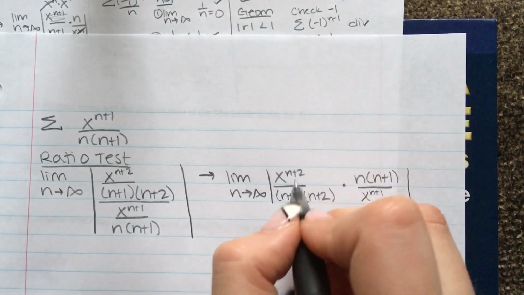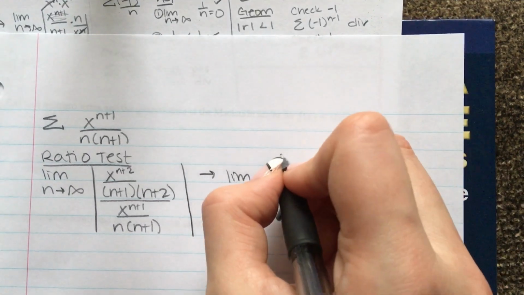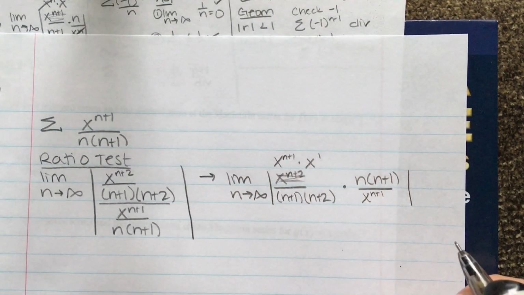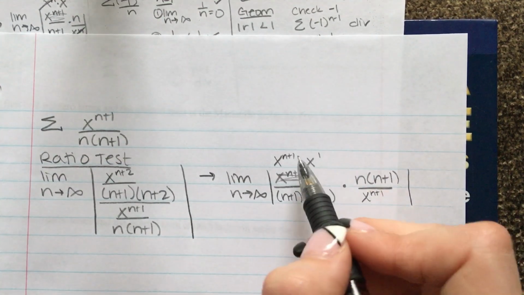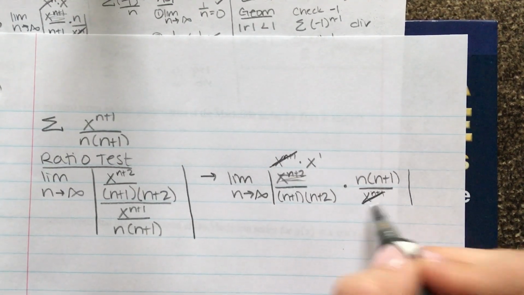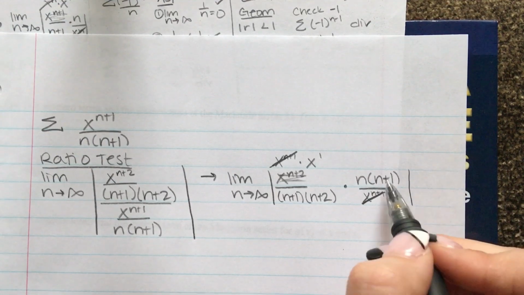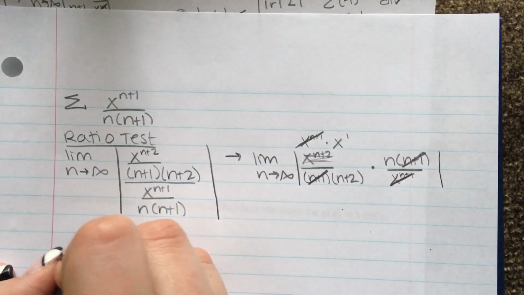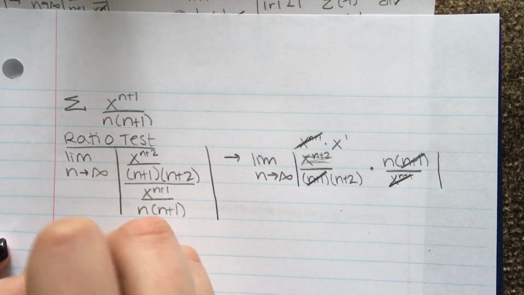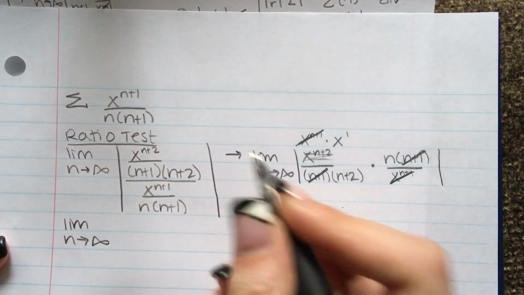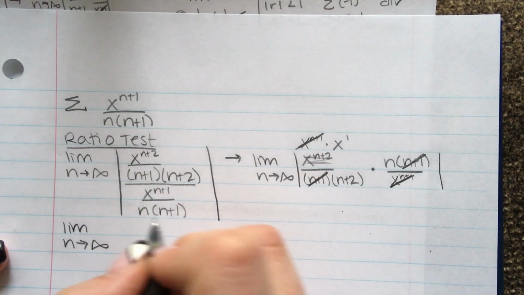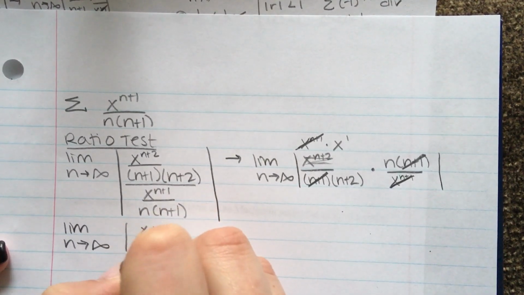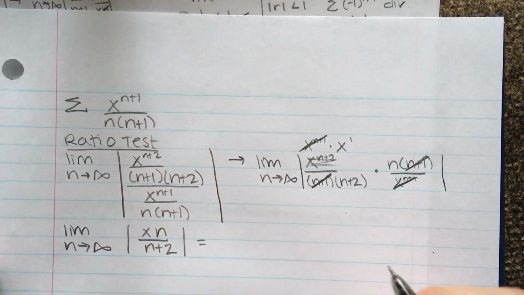So here I can go ahead and split these apart. So that's x^(n+1) times x^1. And I'll notice that x^(n+1) will cancel, and this n plus 1 will cancel with that n plus 1. And so we end up getting that the limit as n goes to infinity, we'd have x and n left over on the top and n plus 2 left over on the bottom.